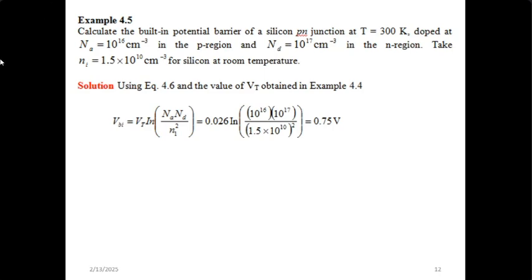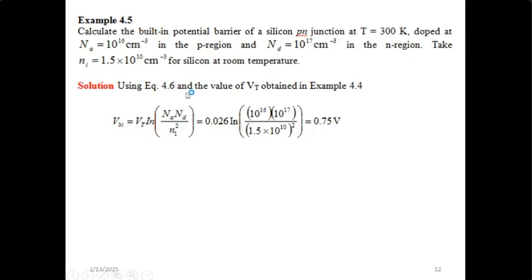The way you are reading, you are saying centimeter cubed. When you see the negative, it means per. So the acceptor concentration is 10 raised to power 16 per centimeter cubed in the P region, and the donor concentration is 10 raised to power 17 per cubic centimeter.